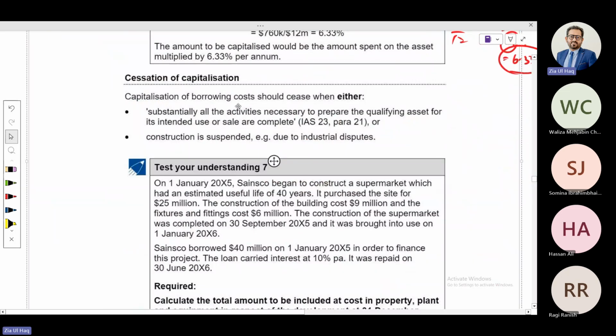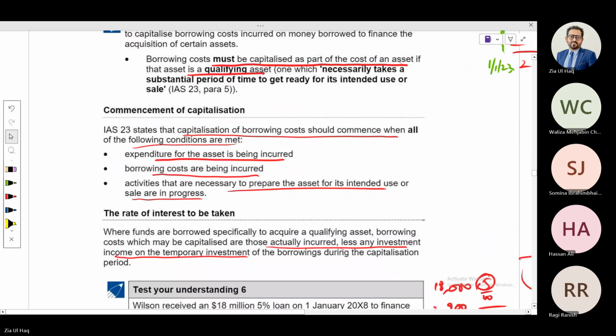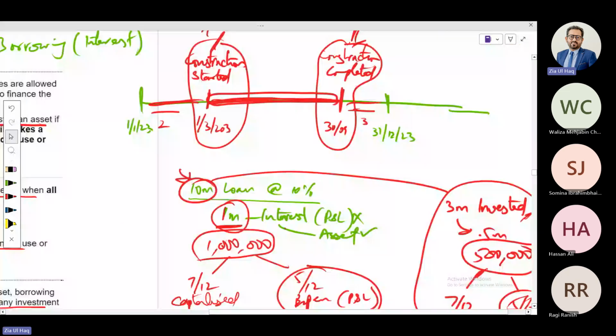Capitalization of borrowing cost should cease when substantially all the activities necessary to prepare the asset for its intended use are complete, or when construction is suspended due to industrial disputes. Suppose the construction started on 1st March and was completed on 30th September.